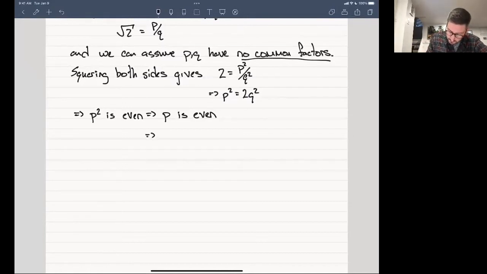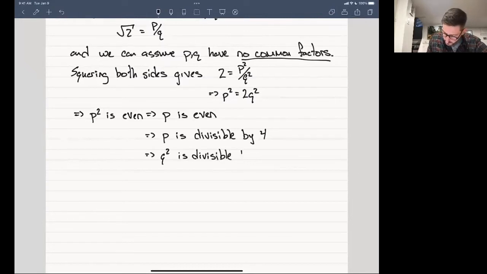This implies that p squared is divisible by 4, but then this tells us that q squared is divisible by 2, aka it's even.